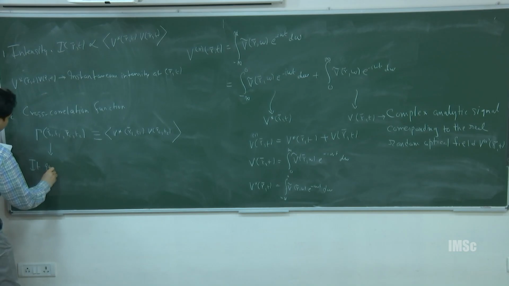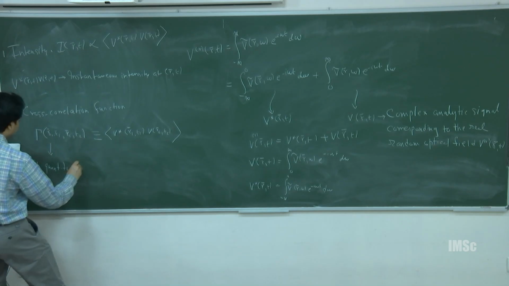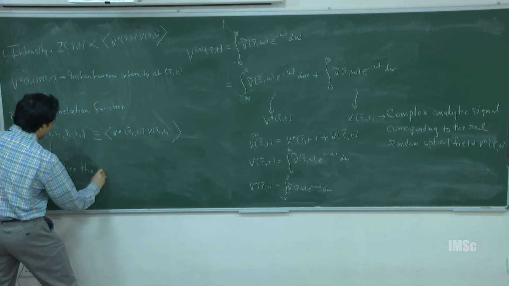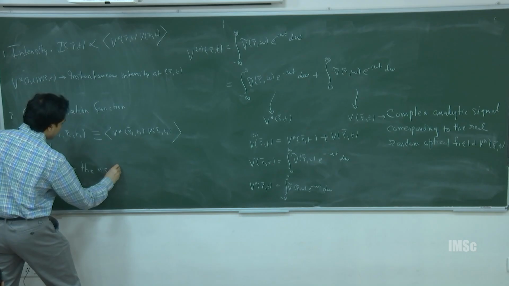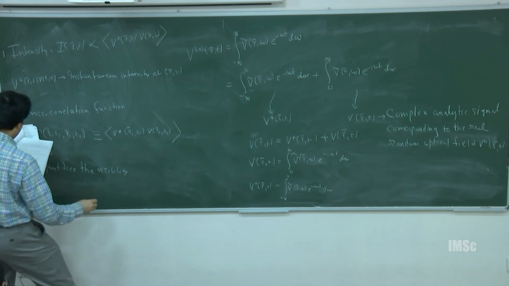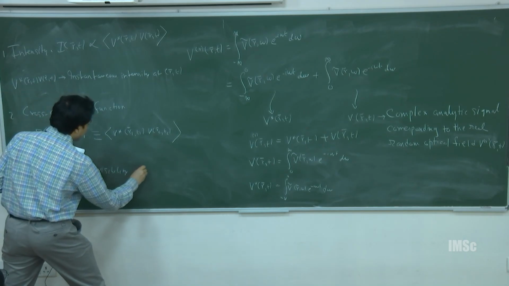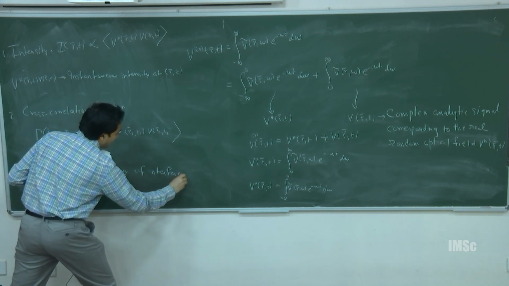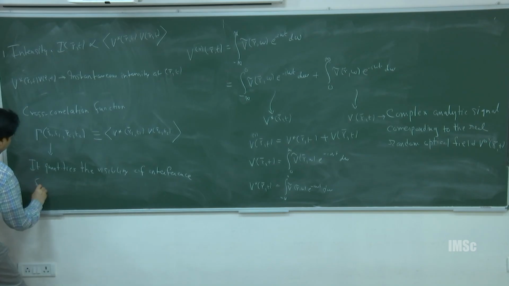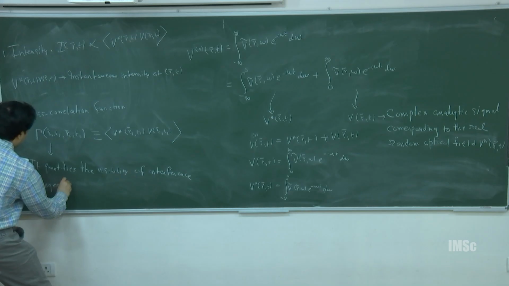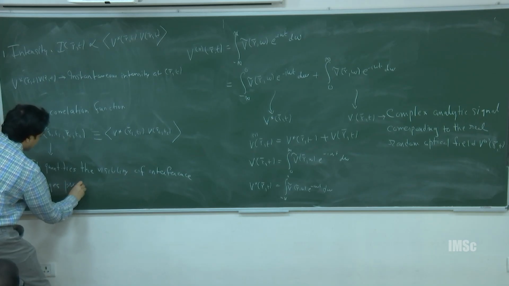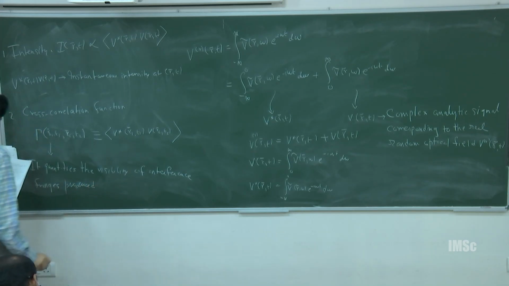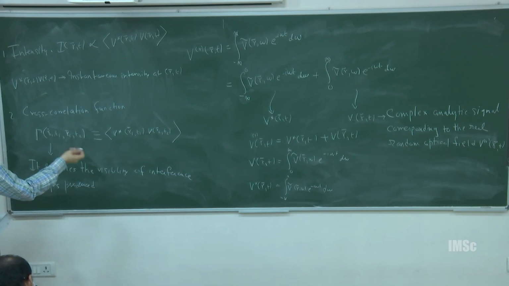This quantity quantifies the visibility of interference fringes produced by the superposition of the fields at r1 t1 and r2 t2.